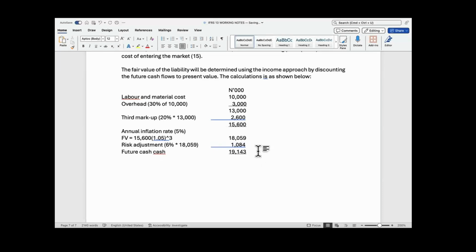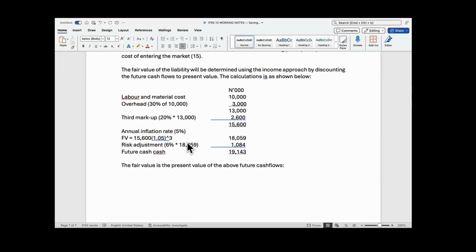Now, the fair value is the present value of the above future cash flows.